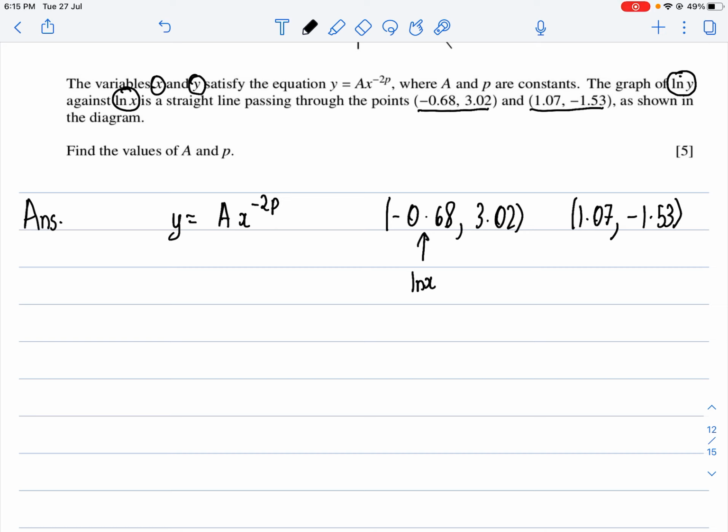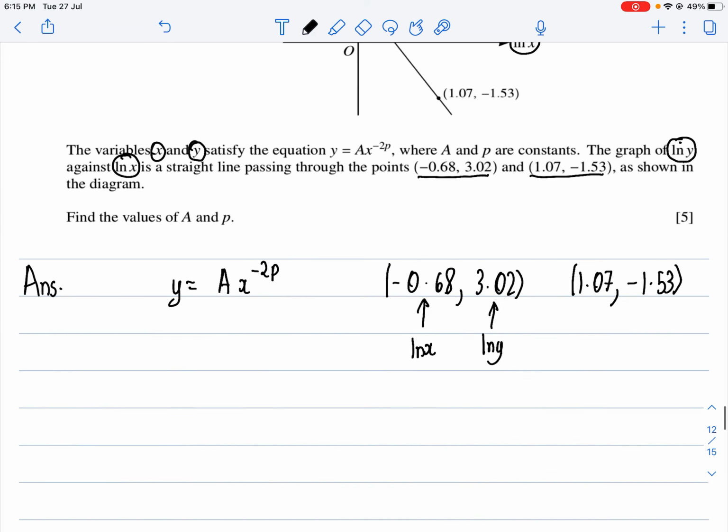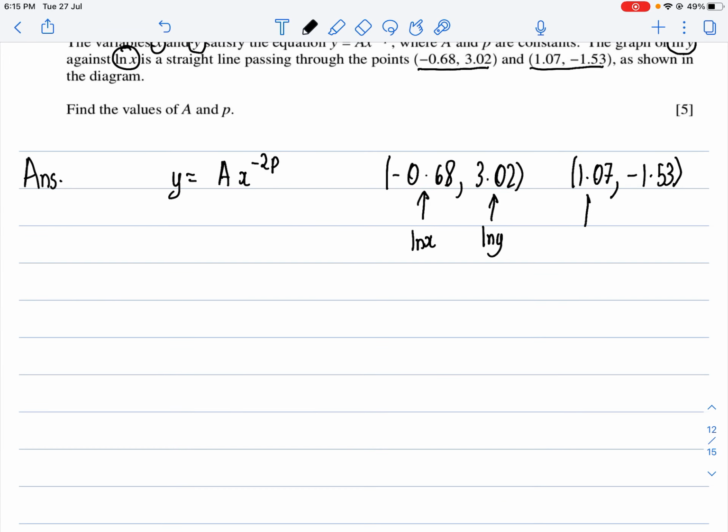It's minus 0.68 represents ln x and 3.02 is ln y, because that's what the axes are, ln x and ln y. And even this thing here is ln x and ln y. Correct? This is what you need to know.